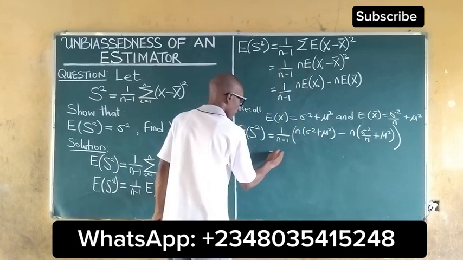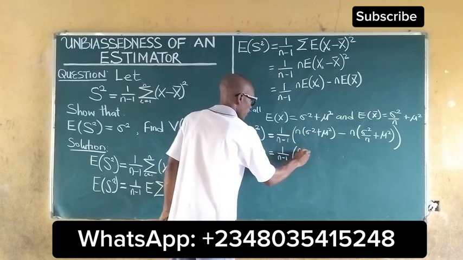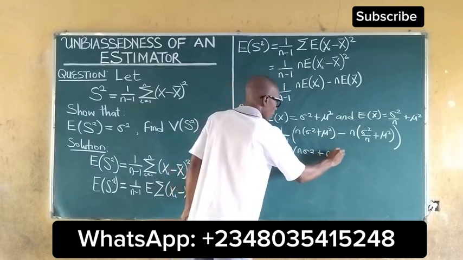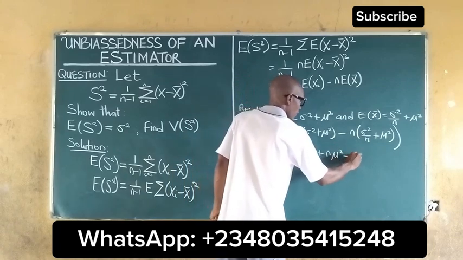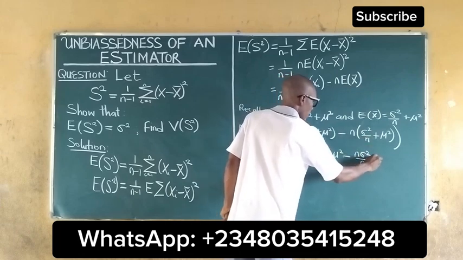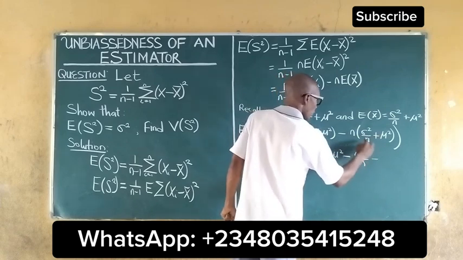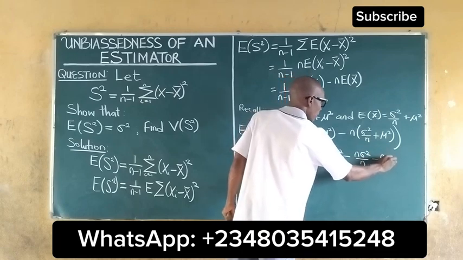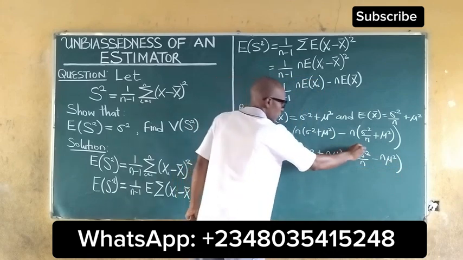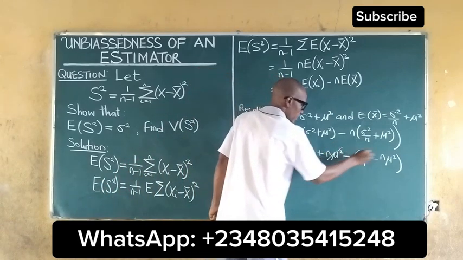We can open the bracket to get 1 over n minus 1 into n sigma squared plus n mu squared minus n sigma squared all over n, minus, as we are opening this bracket, n mu squared. So if we see, this can cancel this. Also, this can cancel this.